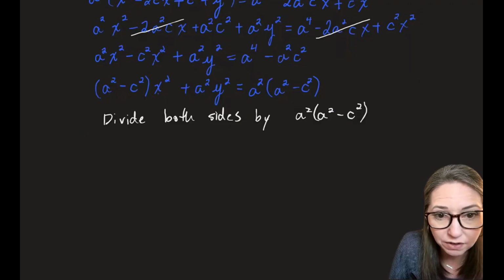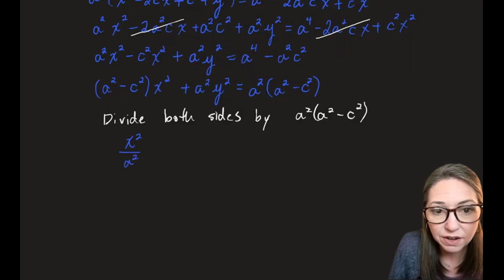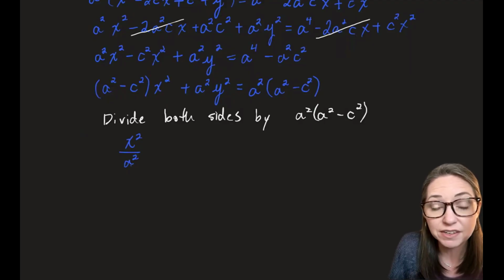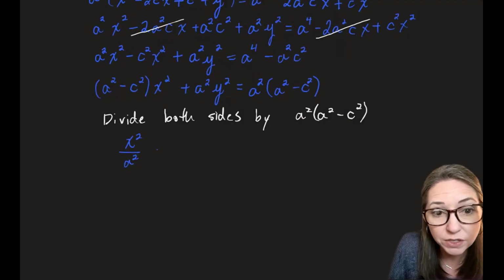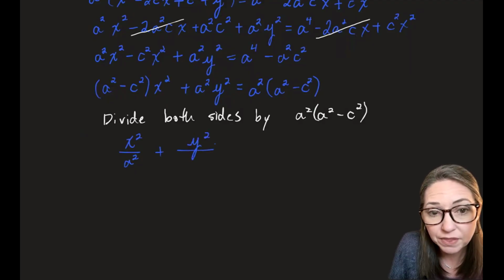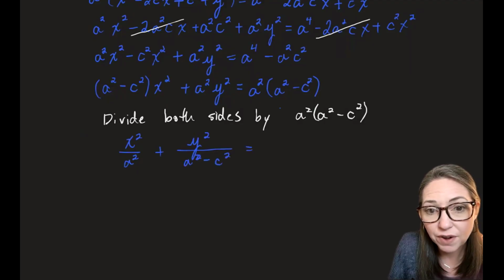So I'll have an x squared on top divided by an a squared on the bottom. So we'll have x squared over a squared. Right here, the a squared y squared divided by a squared times a squared minus c squared, the a squareds will cancel. So plus y squared over a squared minus c squared. And then on the right, everything cancels, so that is equal to 1.